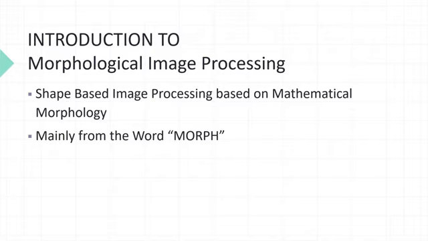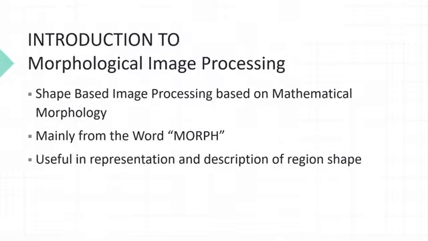Now, morphological image processing has been derived from a word called morph. Morph or morphing means changing the shape of the particular image with respect to the regions.